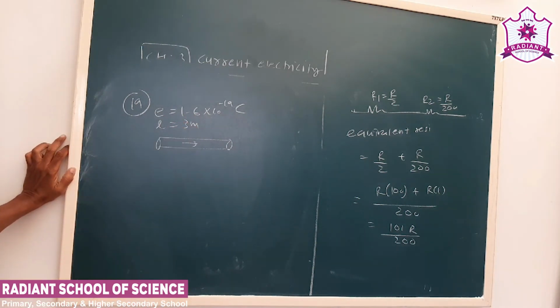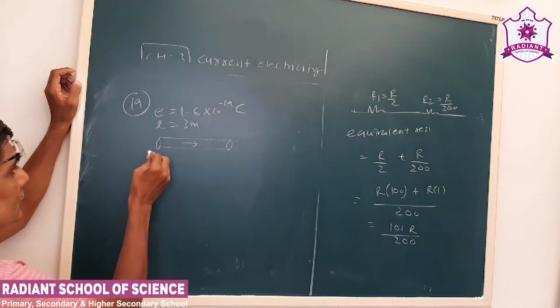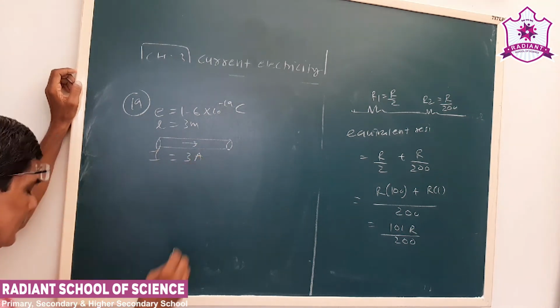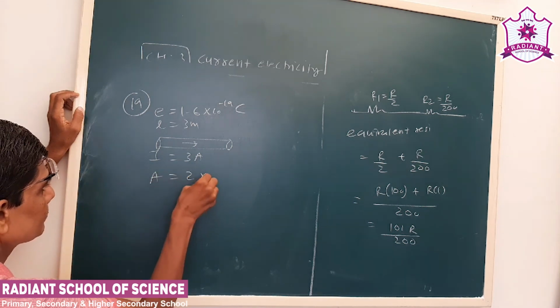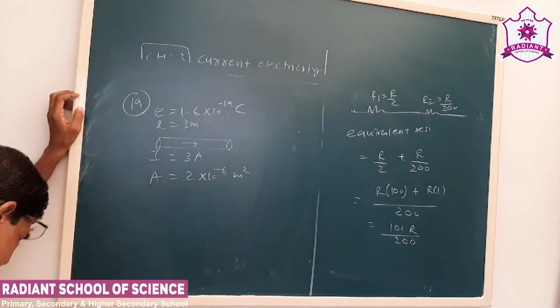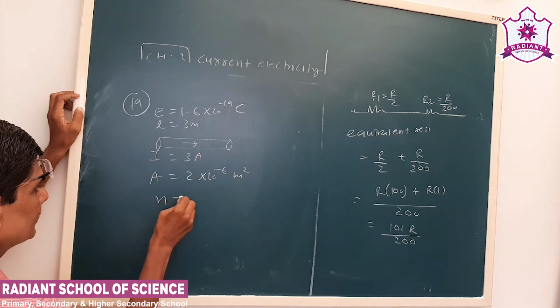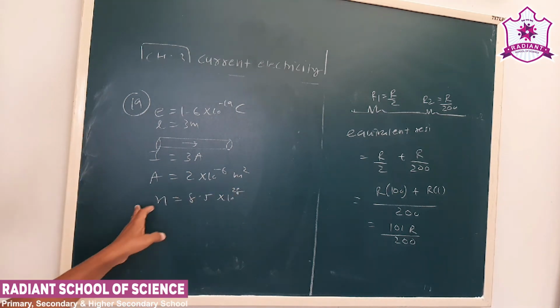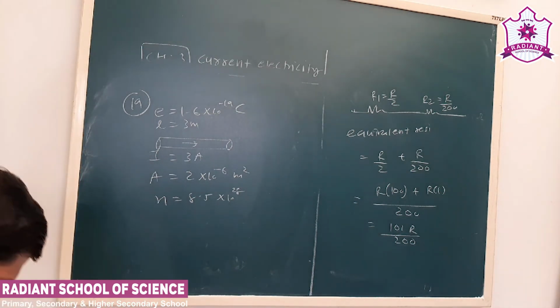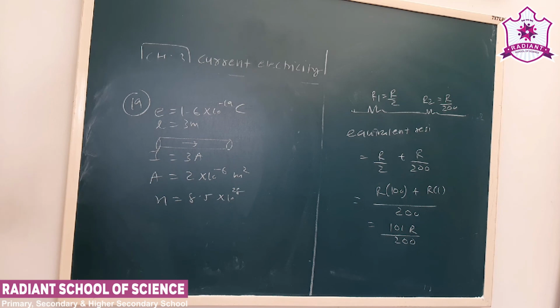Current flowing is 3 ampere. Area of cross section A is given, and the number density is given. I think we have a numerical in the exercise with the same data. Now we have to find out the time.